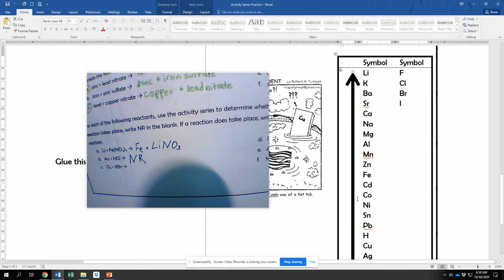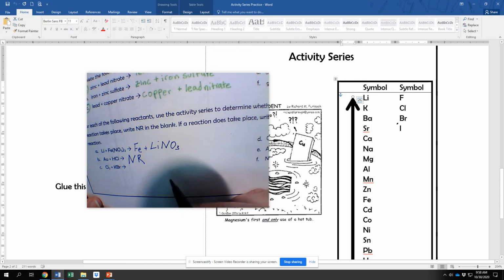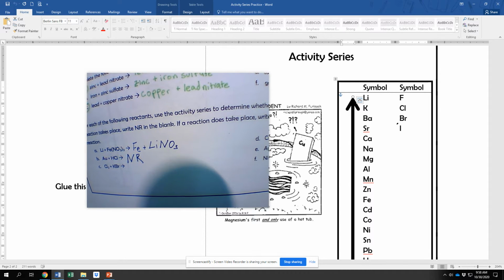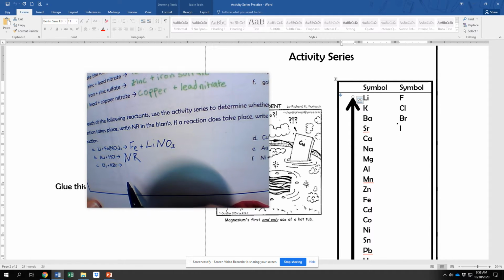Okay. Letter C says chlorine and potassium bromide. Well, we're putting chlorine in. So chlorine is here above bromine. So yes, that will react. Chlorine and bromine are in the same group. That means they follow the same trends when creating compounds.